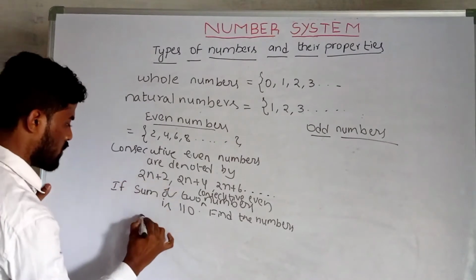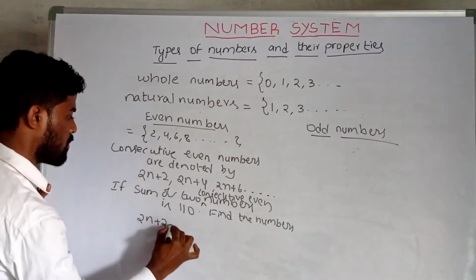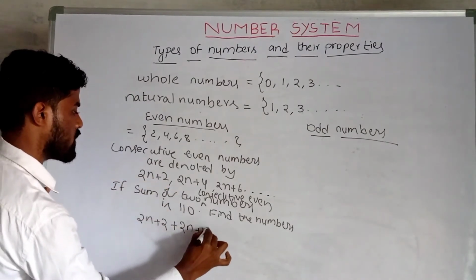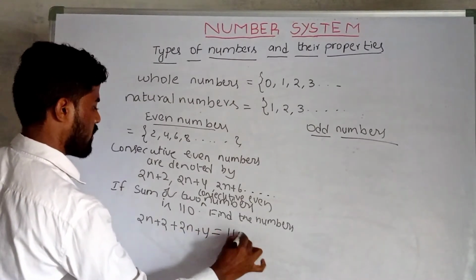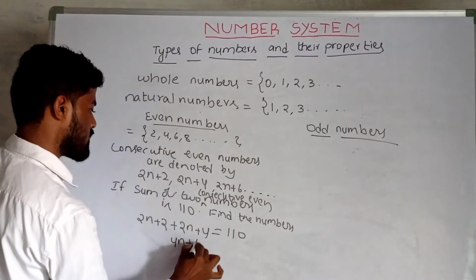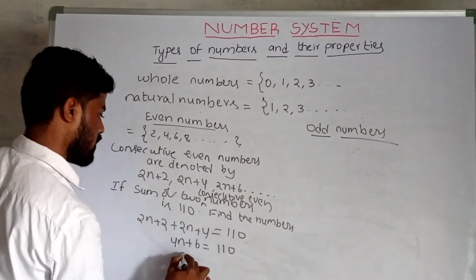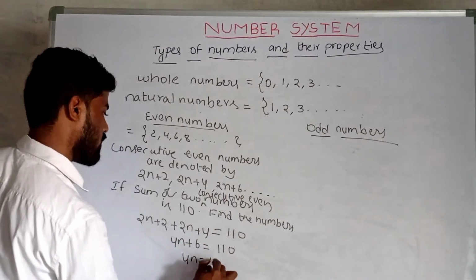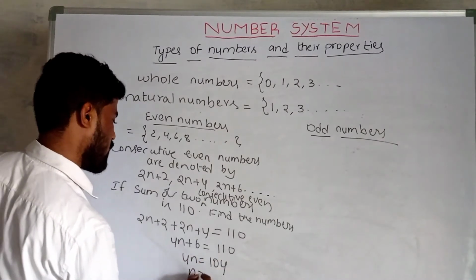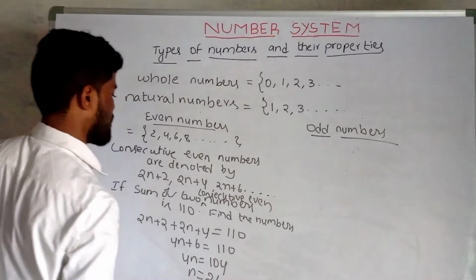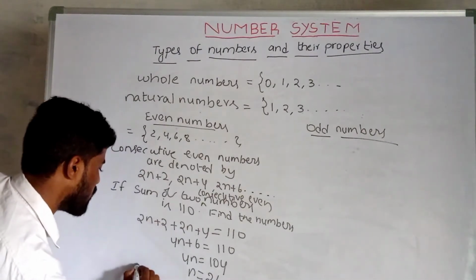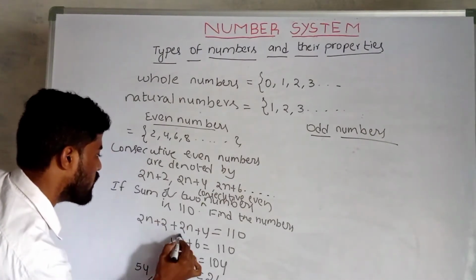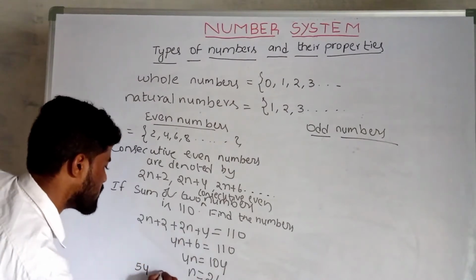We write 2n plus 2 plus 2n plus 4. Since these two are consecutive even numbers, this is equal to 110. 4n plus 6 equal to 110. 4n is equal to 104. n is equal to 26. That means the numbers are 2 into 26 plus 2, 54, and 2 into 26, 52 plus 4, 56.